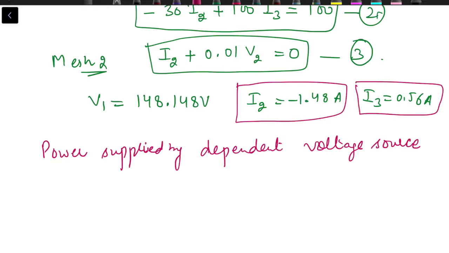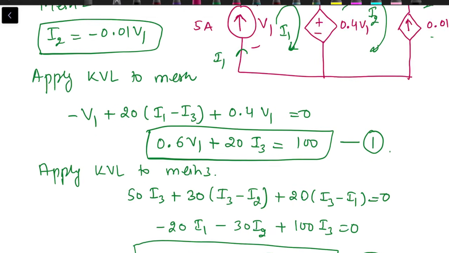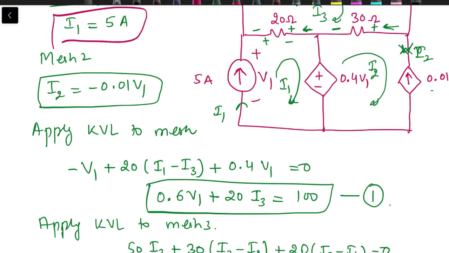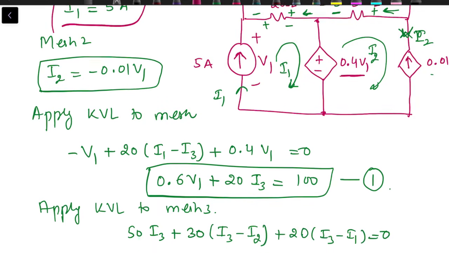Now what is the power supplied by the dependent voltage source? This is our dependent voltage source, 0.4 V1. Power will be 0.4 V1 into resultant current through this. So that will be I1 minus I2.